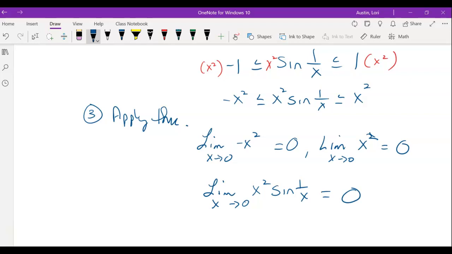Questions? Yeah. So you can try squeeze on something, and if these two, in this case it was our f of x and h of x, we put g in the middle, don't equal each other, you're done. You can't apply squeeze.